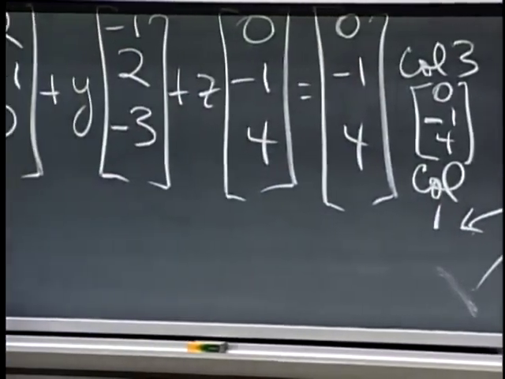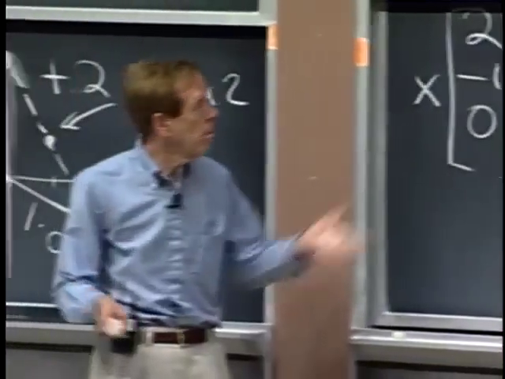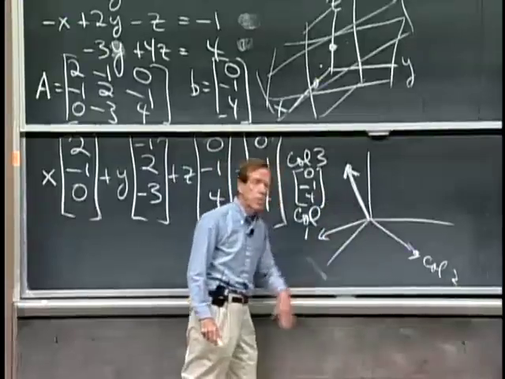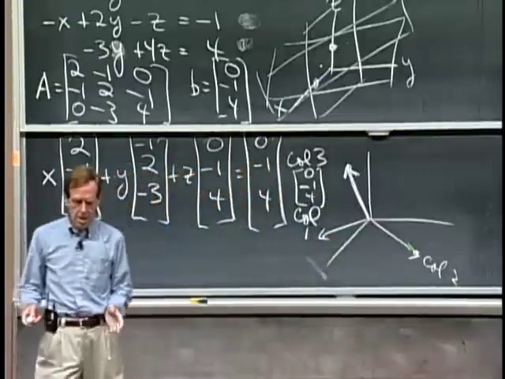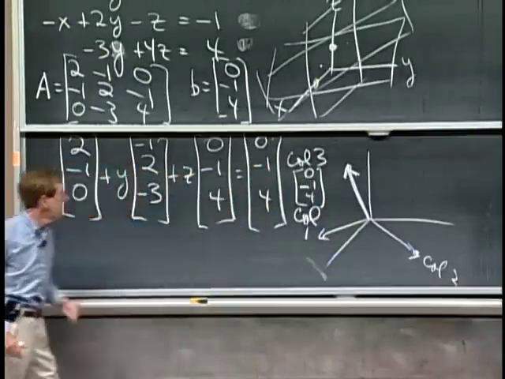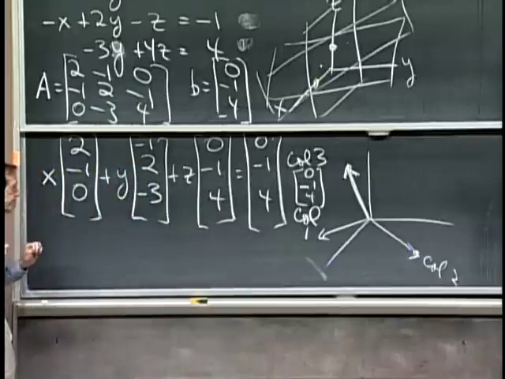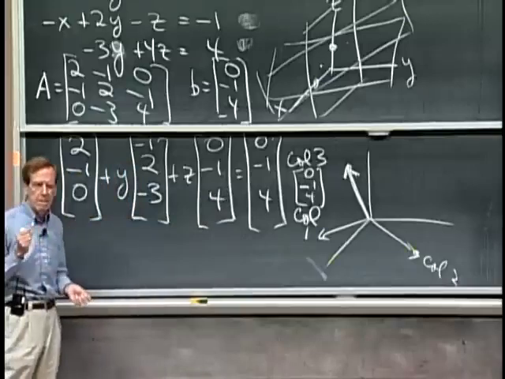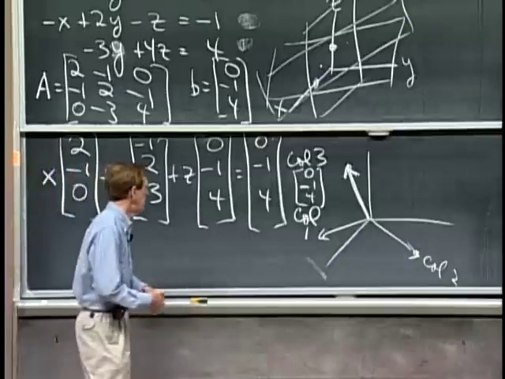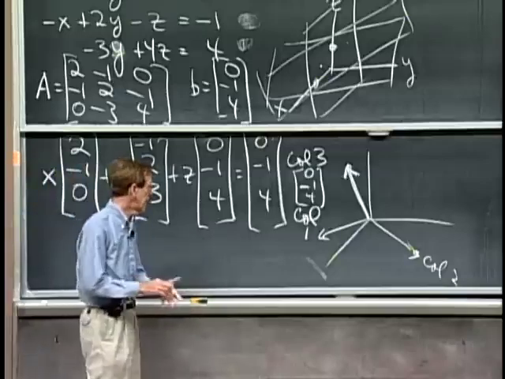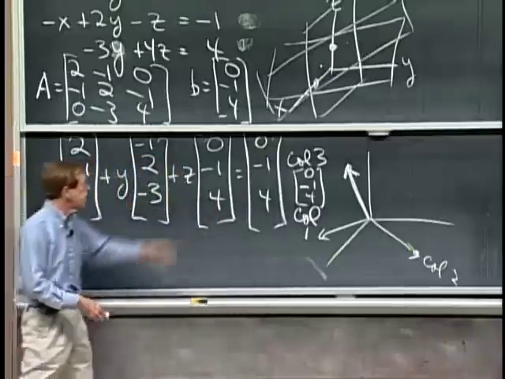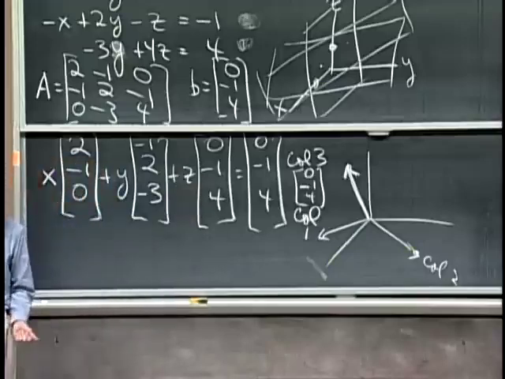So again, what's my problem? What this equation is asking me to do is to combine these 3 vectors with the right combination to produce this one. Well, you can see what the right combination is, because in this special problem, especially chosen by the lecturer, that right-hand side that I'm trying to get is actually one of these columns. So I know how to get that one.